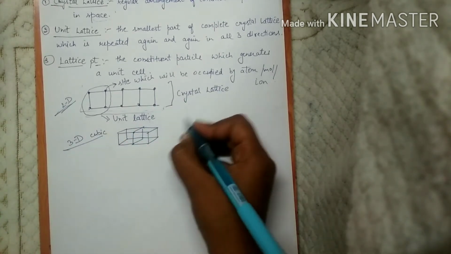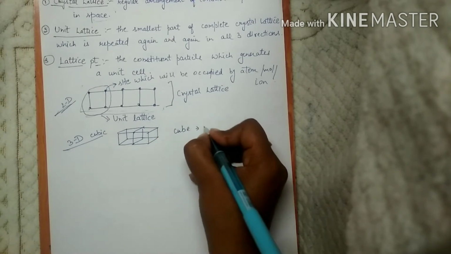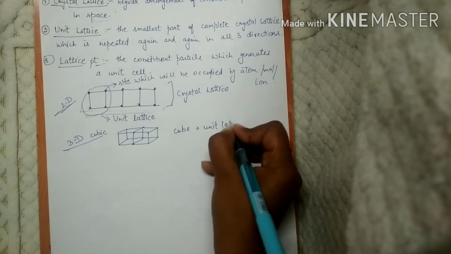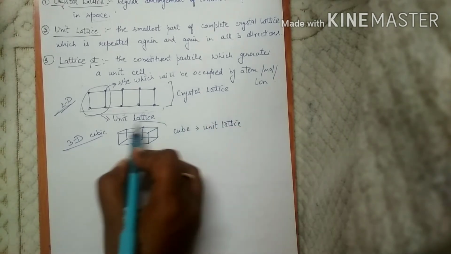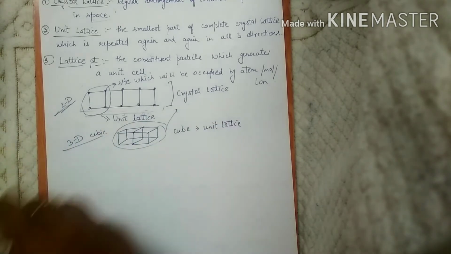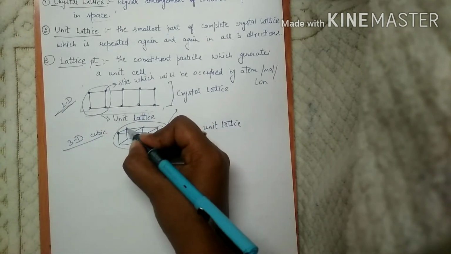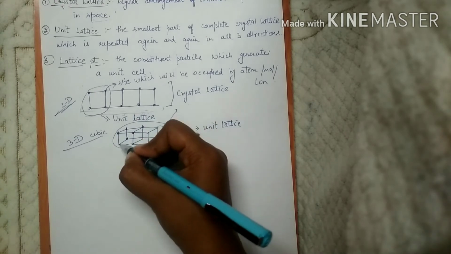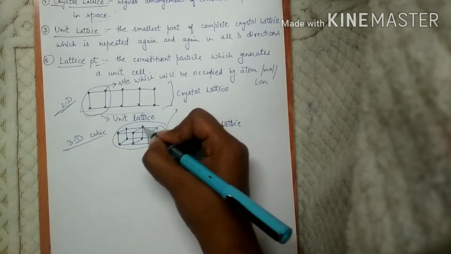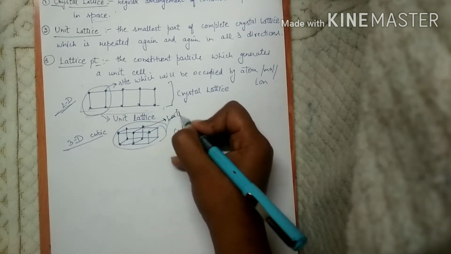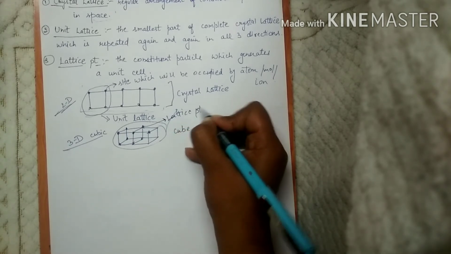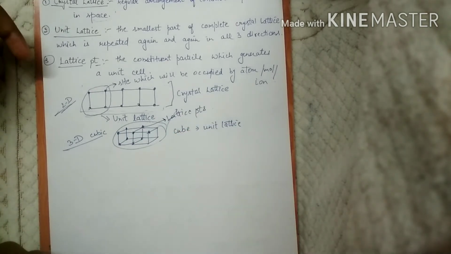And here your cube is going to be your unit lattice. And this which you are seeing, this is your crystal lattice. And all these points which are joining to form your crystal lattice or unit lattice, these are known as your lattice points. I hope these three terms are clear now.